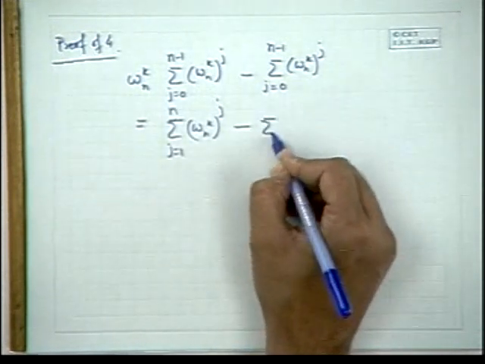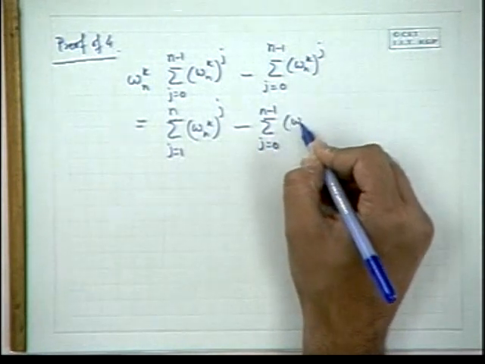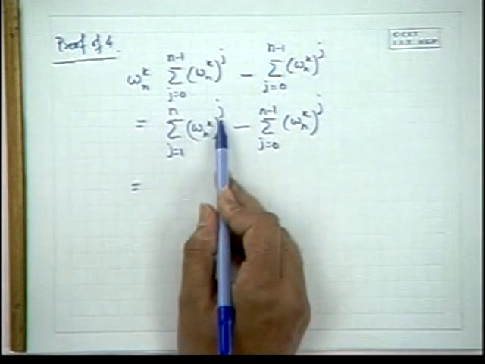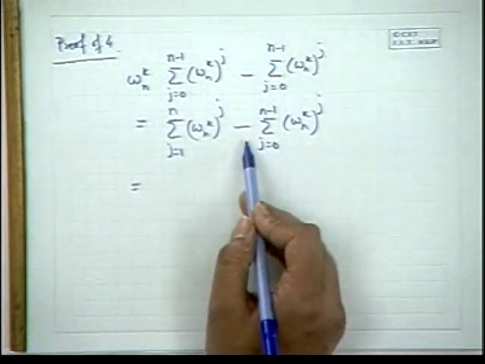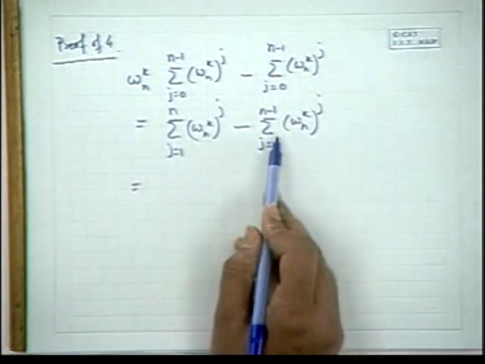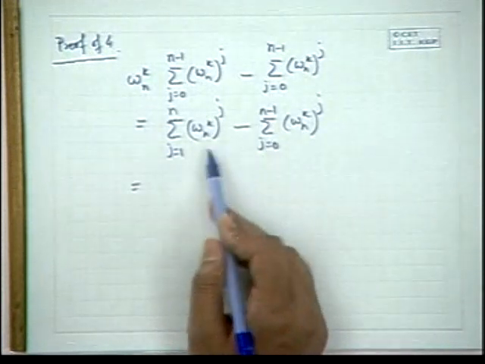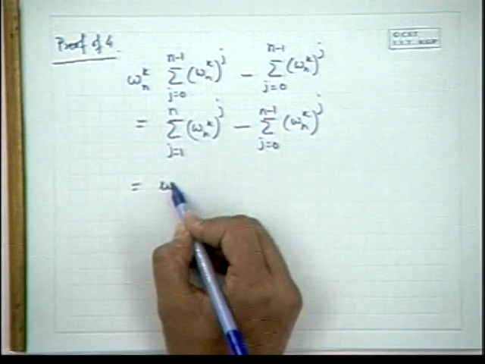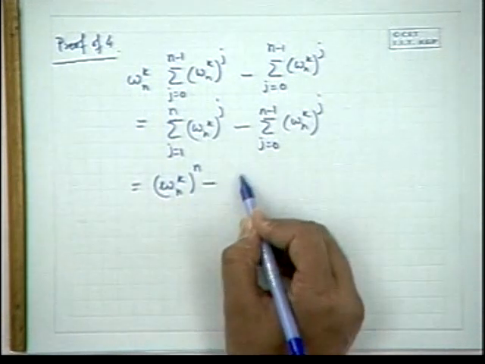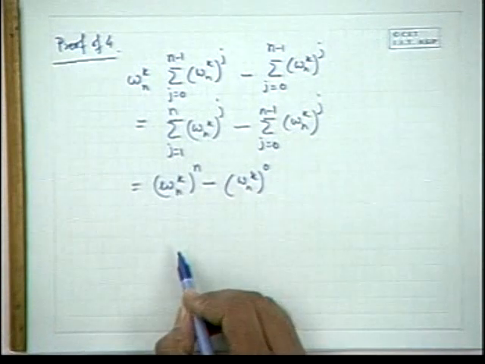Now this remains as it is, j equal to 0 to n minus 1 W n k j. Now if you unravel these two sums, almost every term cancels out except the last term here and the first term here. Everything else are equal and they cancel out. So the last term here will be W n k n and the first term here will be W n k 0.